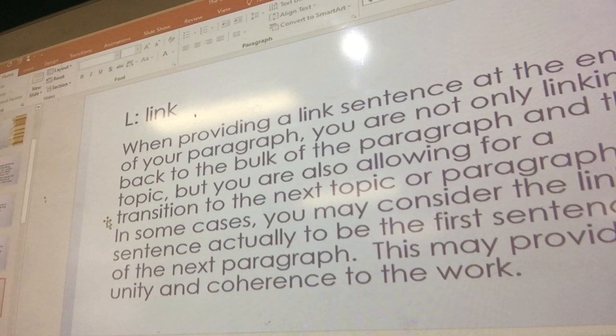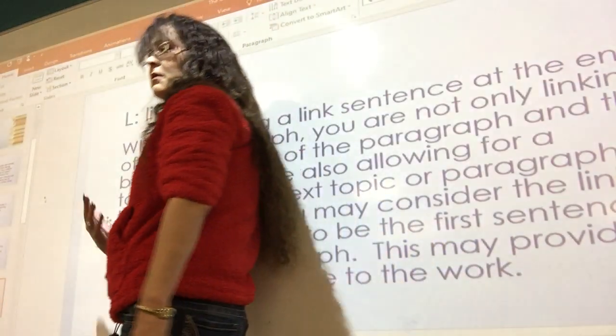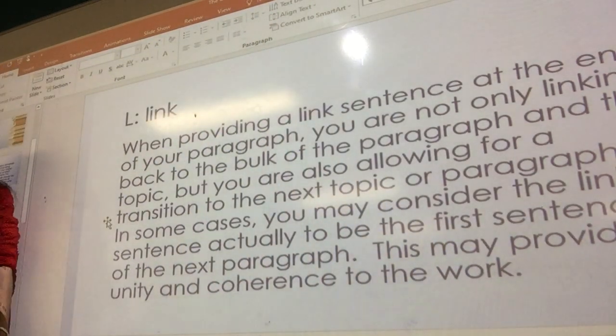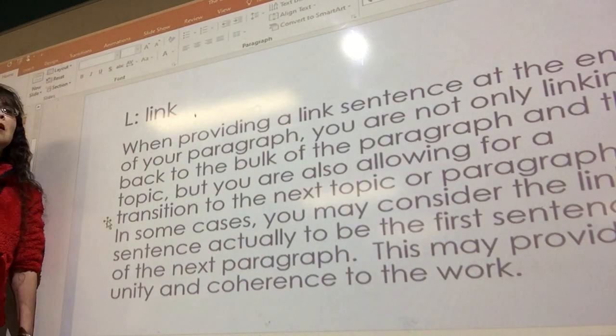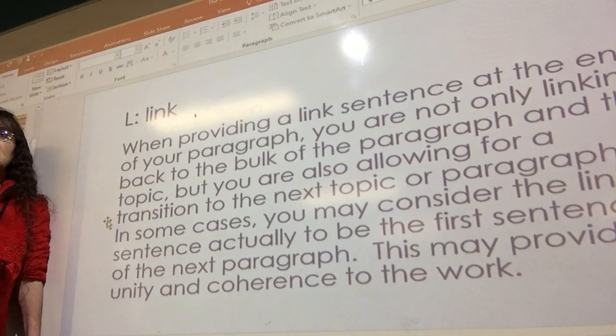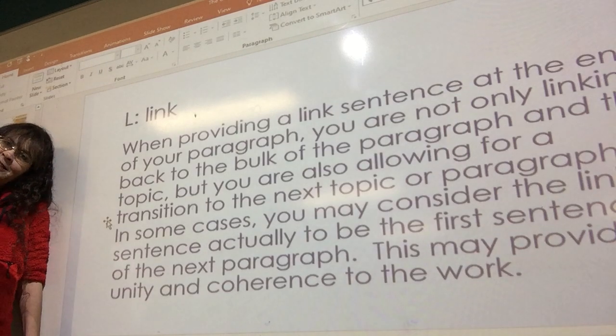So it's a transition from one paragraph to the next. It reads clearly, and if somebody else is reading it, it flows into the next paragraph without me going, huh?